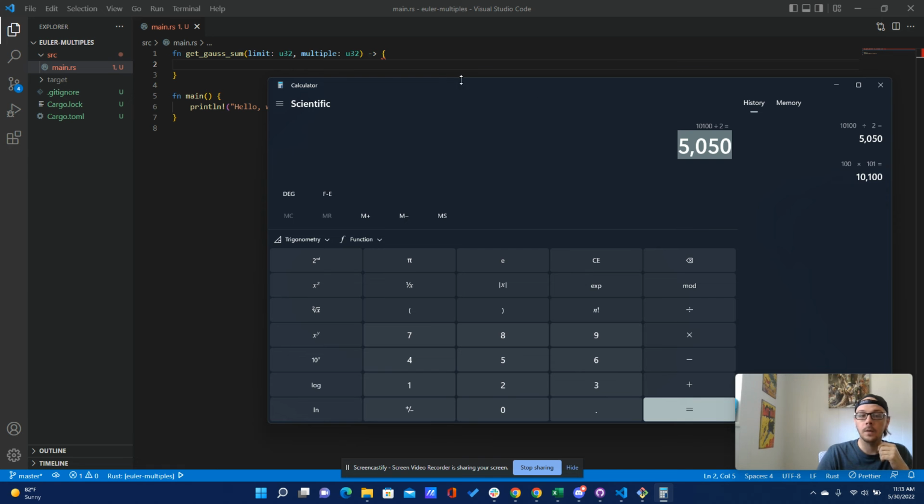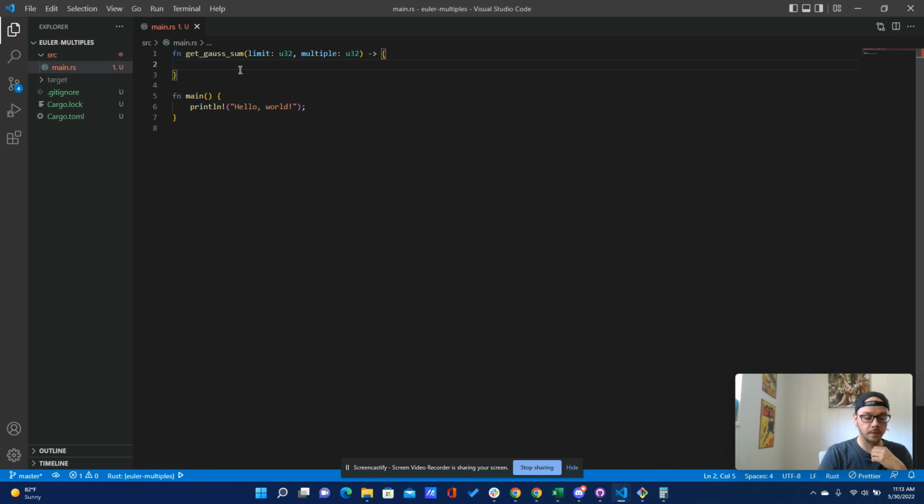So we have that formula of limit times limit plus 1 divided by 2. The problem is that we're not looking for every number. We're looking for every third number or every fifth number.